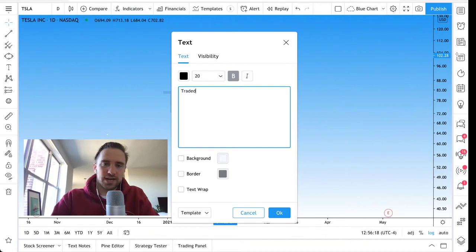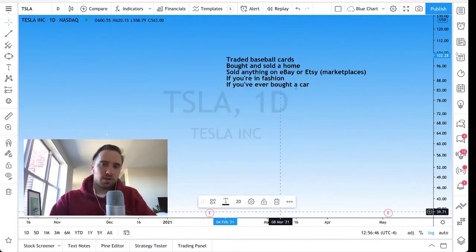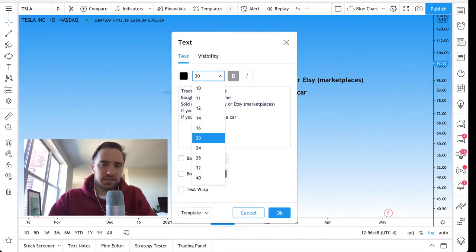If you've ever traded baseball cards, if you've ever bought and sold a home, if you've ever sold anything on eBay or any other marketplace like Etsy, just marketplaces. If you're in fashion, and one more would essentially just be if you've ever bought a car. So all of these things have similarities to markets.